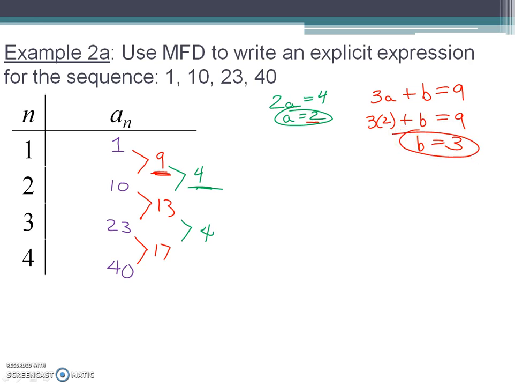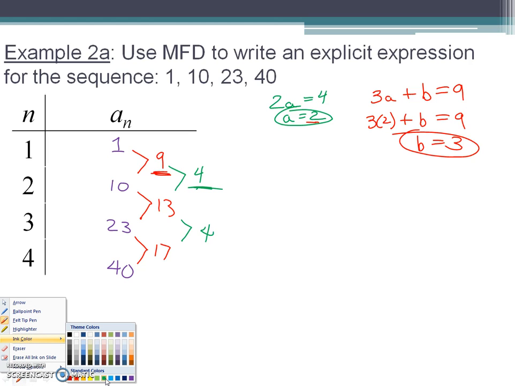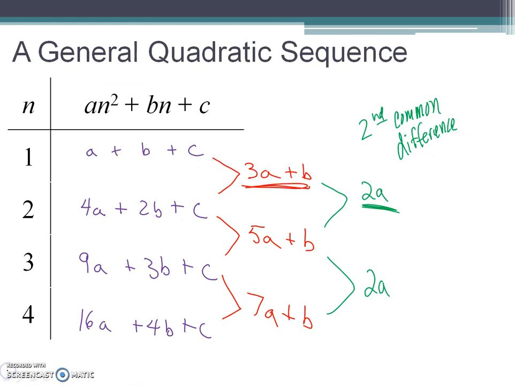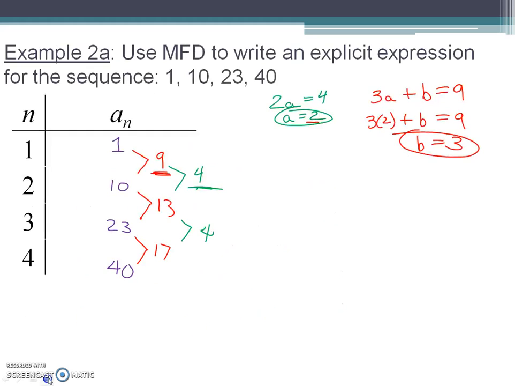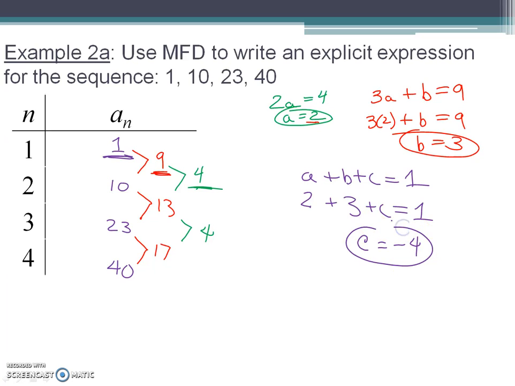And now, go back to purple. a plus b plus c is going to be equal to 1. Plug in my value of a, plug in my value of b, and solve for c. c is equal to negative 4, 1 minus 5.